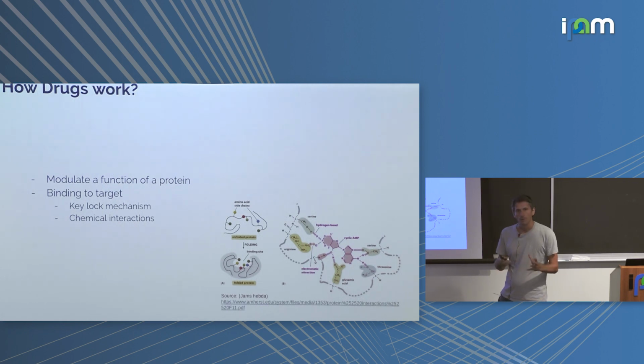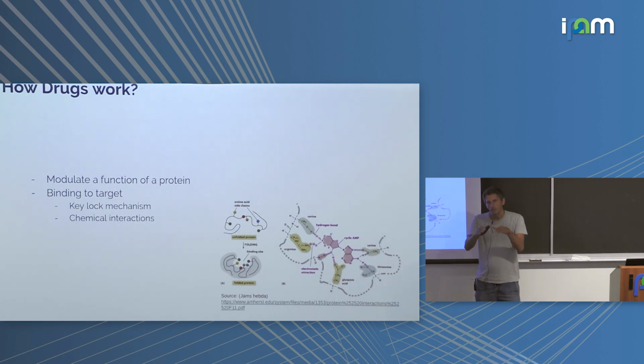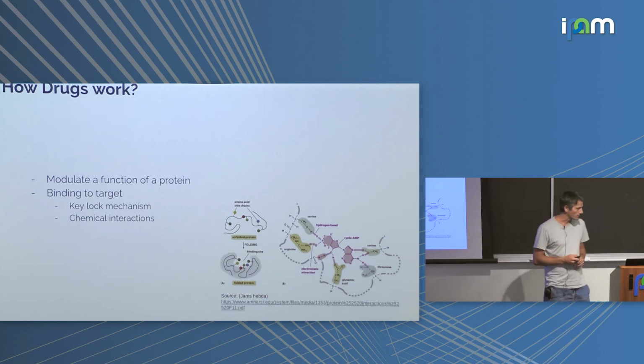So from what matters here, we're only interested in this sub-aspect of the drug discovery process, which is the interaction between the molecule and the target, and the properties of the molecules, and so on and so forth.